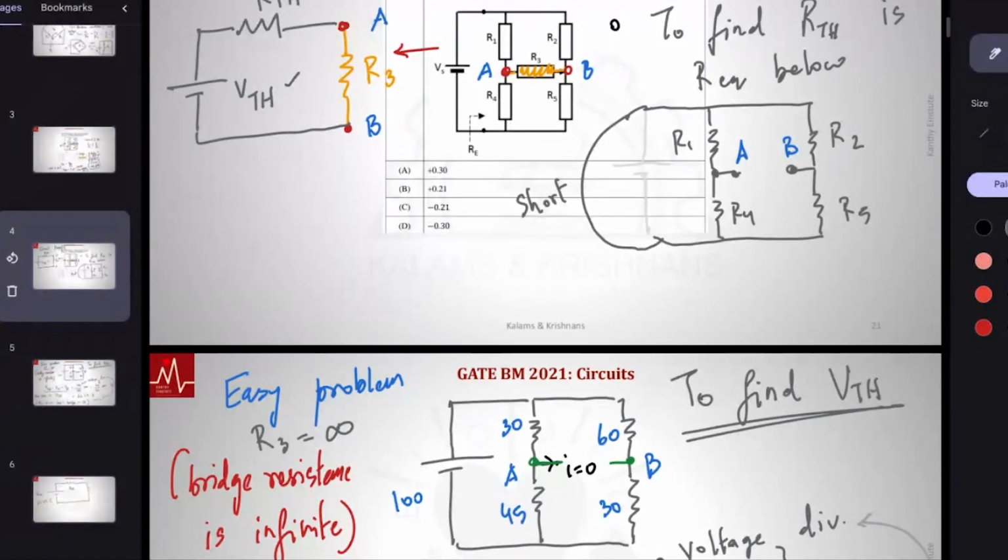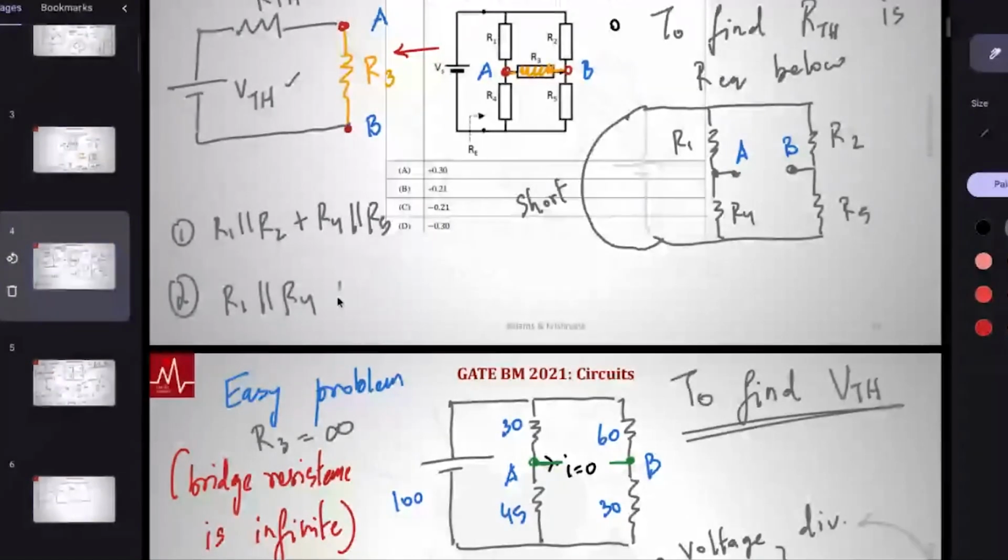Let me give you two options. Option 1: R1 parallel R2 in series with R4 parallel R5. Option 2: R1 parallel R4 plus R2 parallel R5.